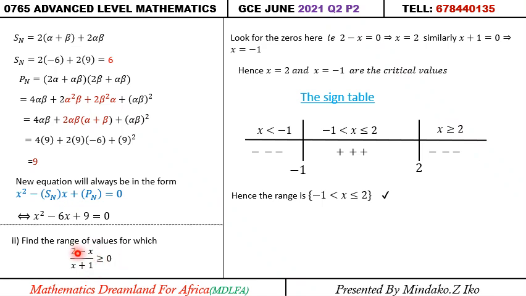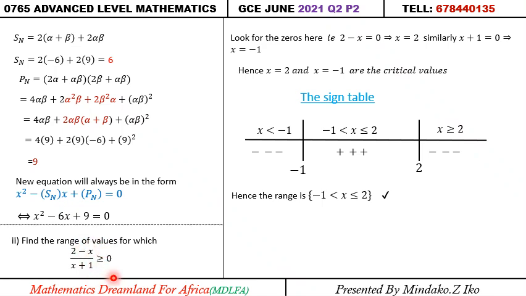If I put 2 here, 2 minus 2 is 0, and 2 plus 1 is 3, so 0 divided by 3 is 0. Therefore this part is defined, and therefore this 2 is included. This x equals 2 is included in the range.